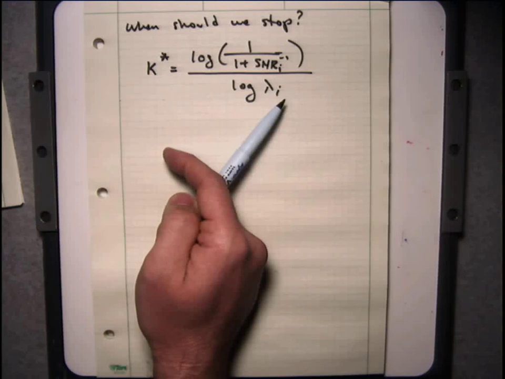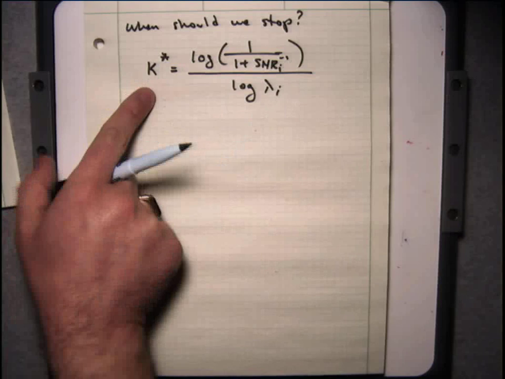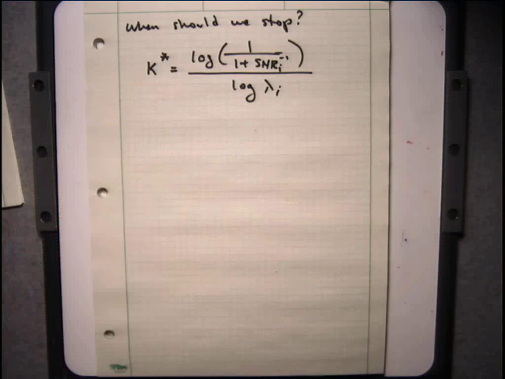Okay? So the question is, if you want to have a k star that is going to improve the overall signal to noise ratio, this is not going to give you that answer. This is only for a particular channel. So for instance, if you know, however, that your signal is mostly concentrated in a particular channel, then you use this expression and you just iterate for that channel. Right? So in the case of filtering an image, you have certain spatial frequencies you might be interested in.